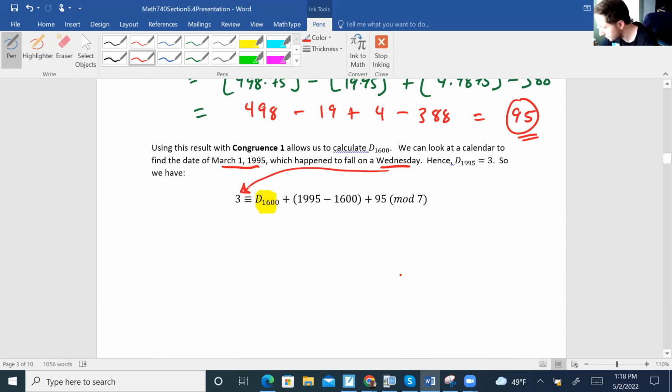Okay. And so solving backwards, this was my year. This was my L value that we just substituted in. We can go backwards and find what day of the week March 1st of 1600 fell on.